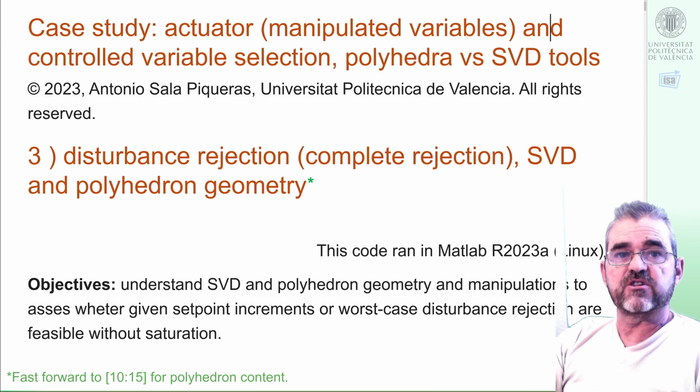This will be the G and H transfer functions, and in this video we will just restrict to the DC gain, steady state disturbance rejection.